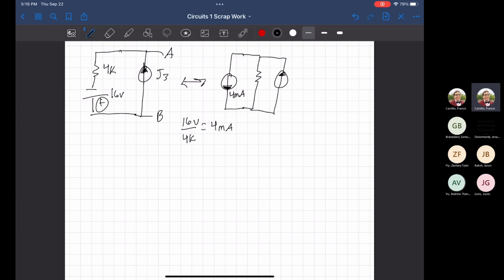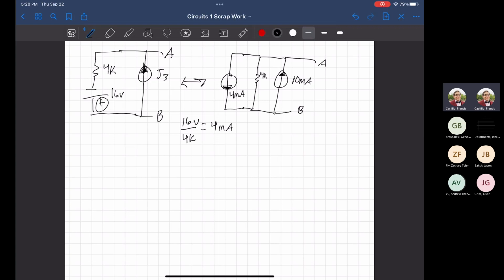We have 4K ohms there, and J3 has not been touched yet, and we have nodes only. Well, I've been repeating it several times, so hopefully you guys know by now too.